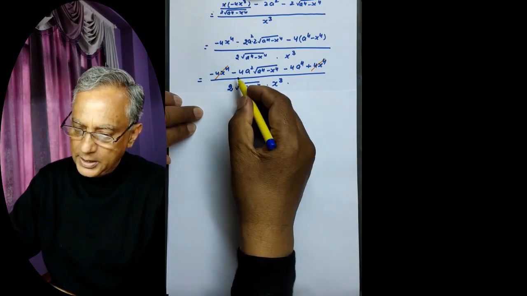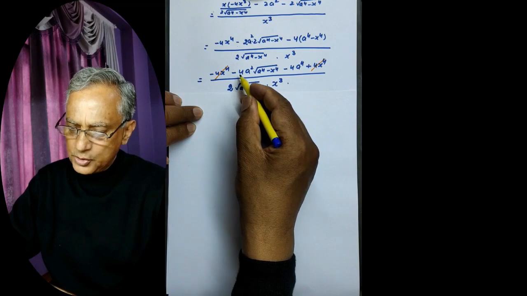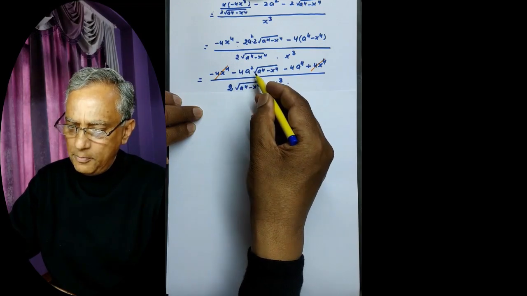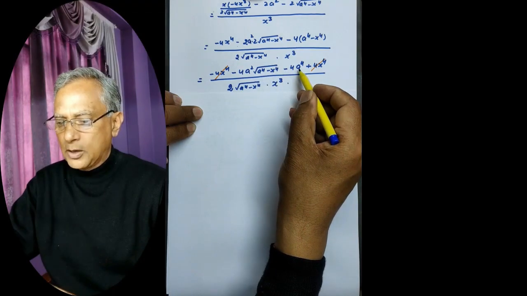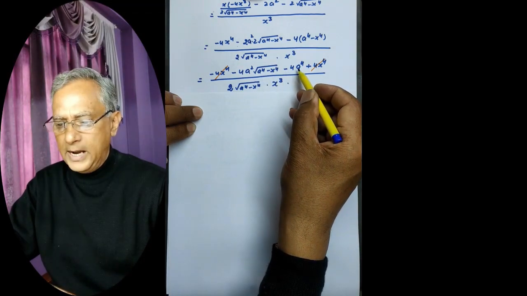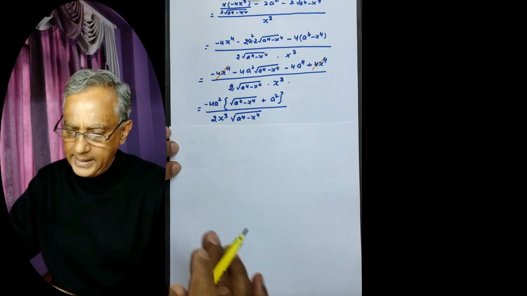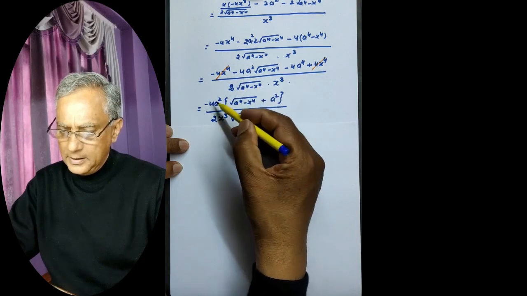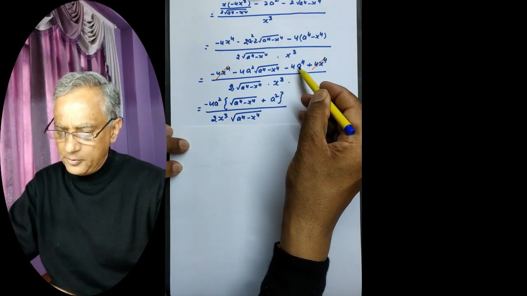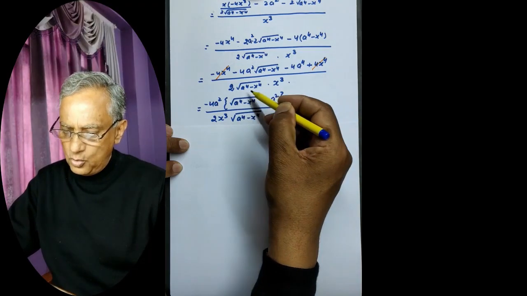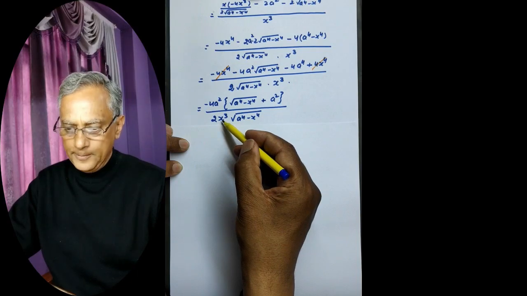Now minus 4a² is common. So what we get is minus 4a² is common, we get under the root a^4 - x^4 plus a². We are left with a² over 2 under root a^4 - x^4, and x³ has been written here.